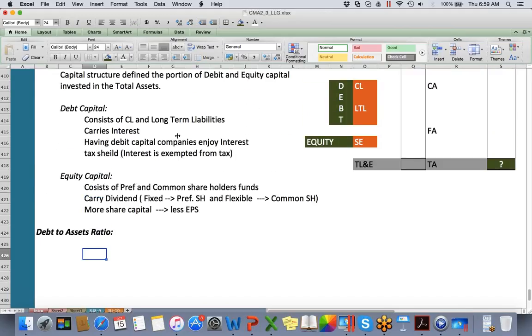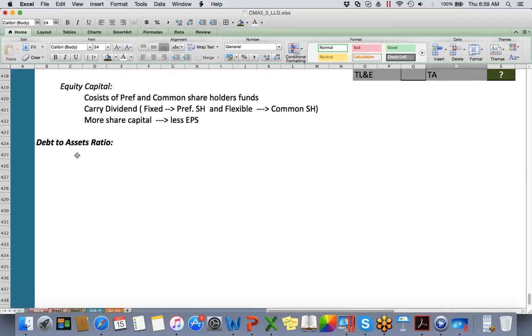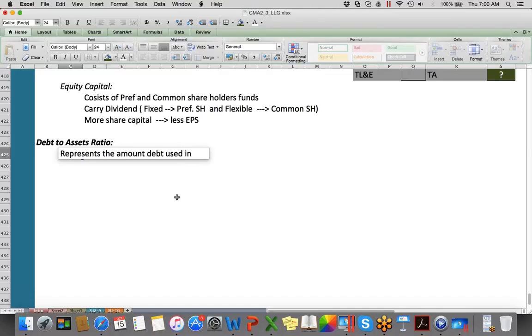It tells us how much debt is used in acquiring the total assets, that is, current assets and fixed assets. So the debt to total asset ratio represents the amount of debt used in purchasing the total assets.